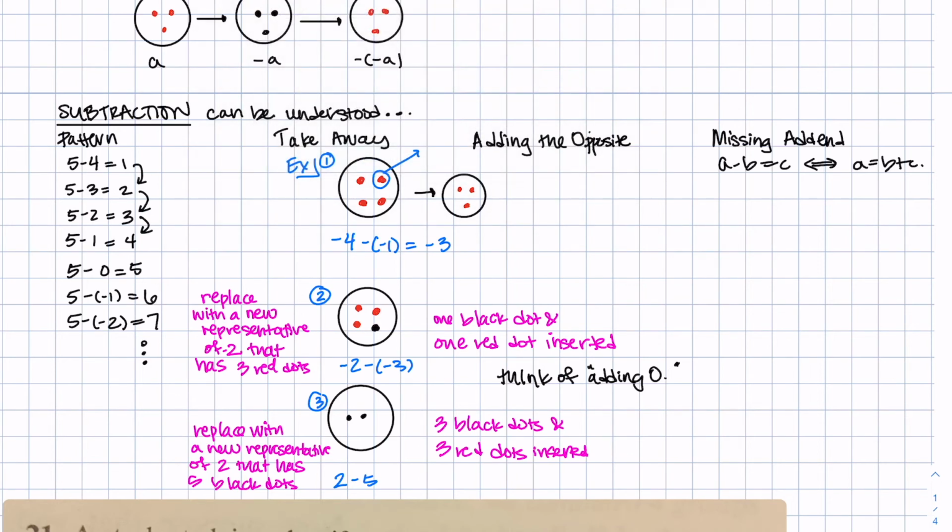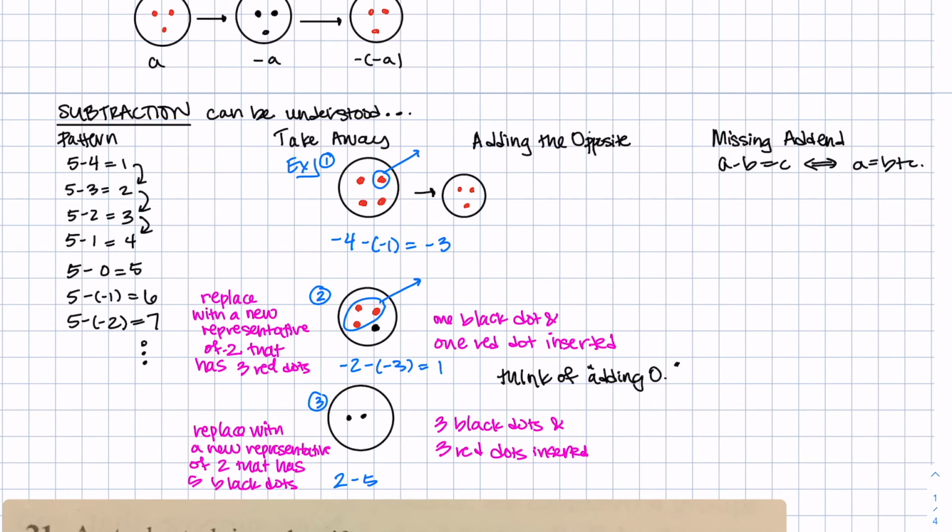So I'm going to also toss in a black chip. And so now what's in the set still represents -2, but it's just a different representation. But it also contains 3 red chips. I can now throw away those 3 red chips, and I see that -2 minus 3 is +1.